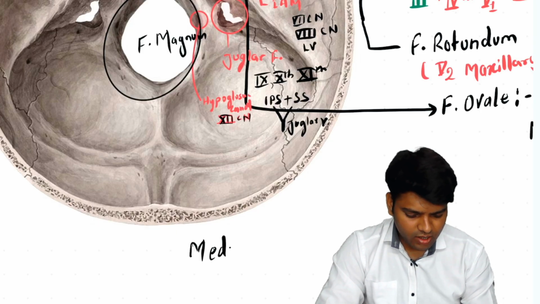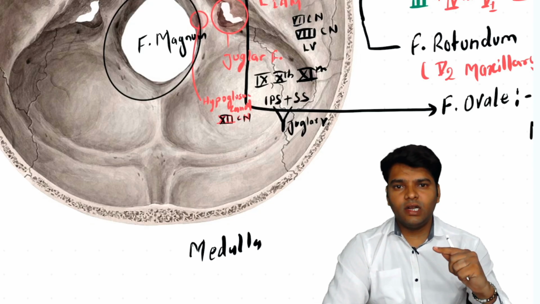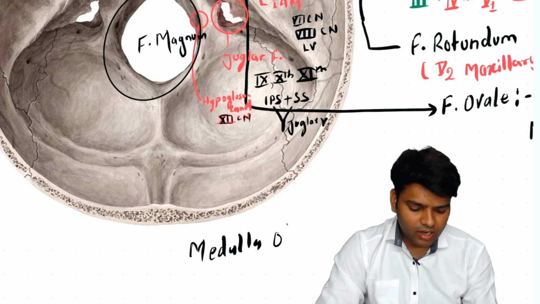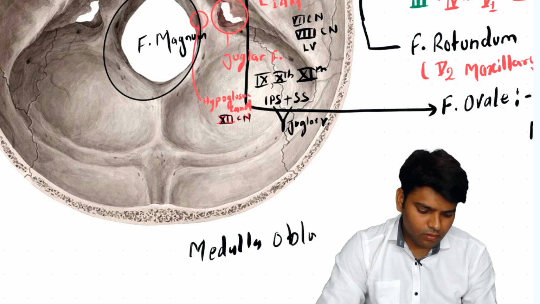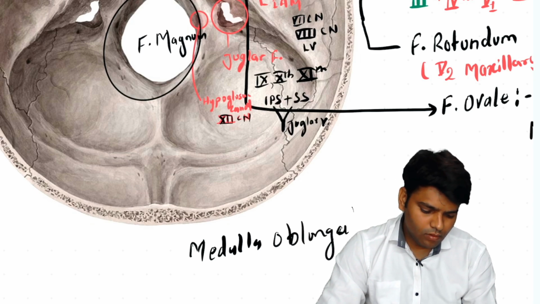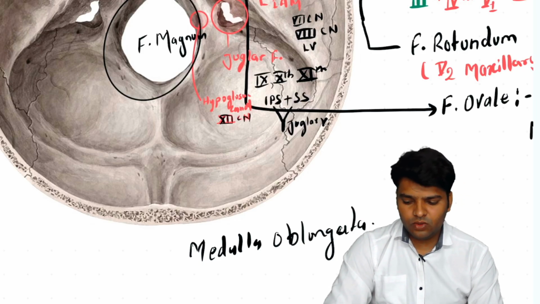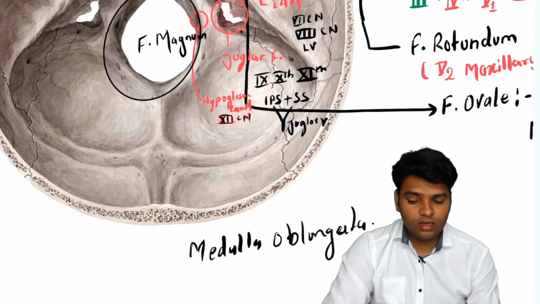Actually the spinal cord starts from the C1 level. So the medulla oblongata passes through the foramen magnum.